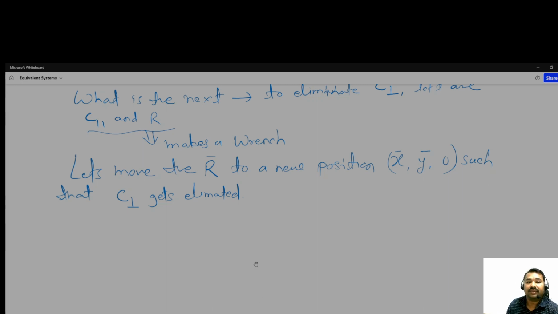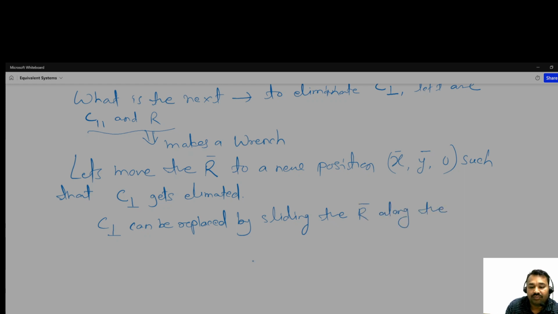The C perpendicular can be replaced by sliding the resultant force along the perpendicular to the plane of the resultant force and the resultant couple.